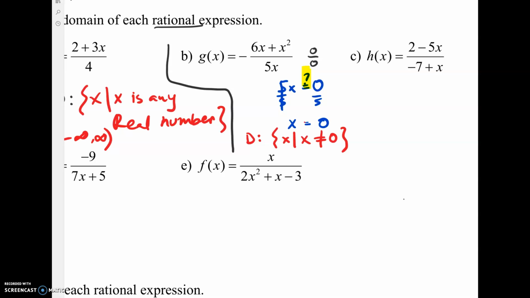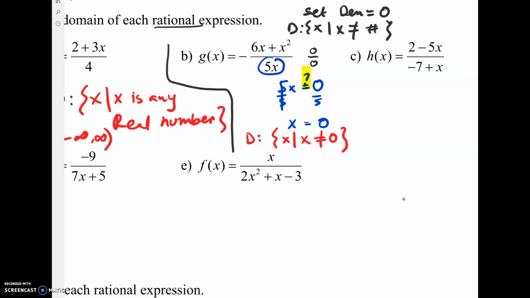So bottom line is, take the denominator, set it equal to 0. So I will write out the steps. Set the denominator equal to 0, and then when you write your domain, you are saying x is not equal to that number that you find, and you're pretty much done.